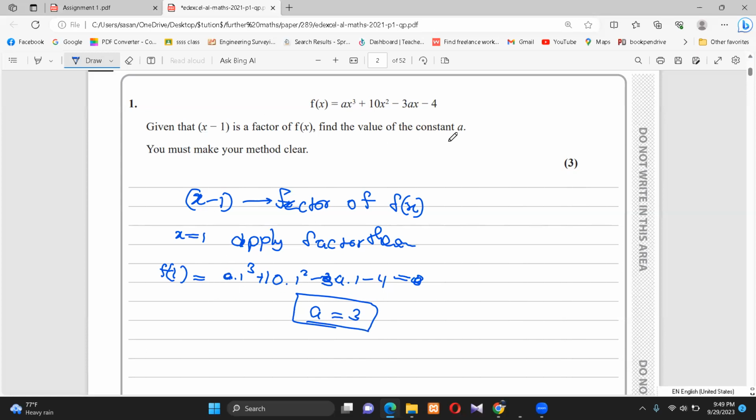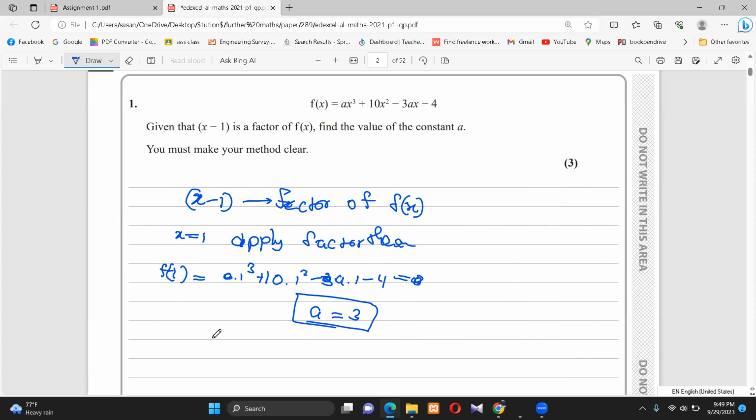Then we have evaluated the value of a at x equals 1; you can check it again. 10 minus 6 minus 4 is 6. Then minus 3a plus a, taken to the other side, 2a equals 6, then a equals 3.